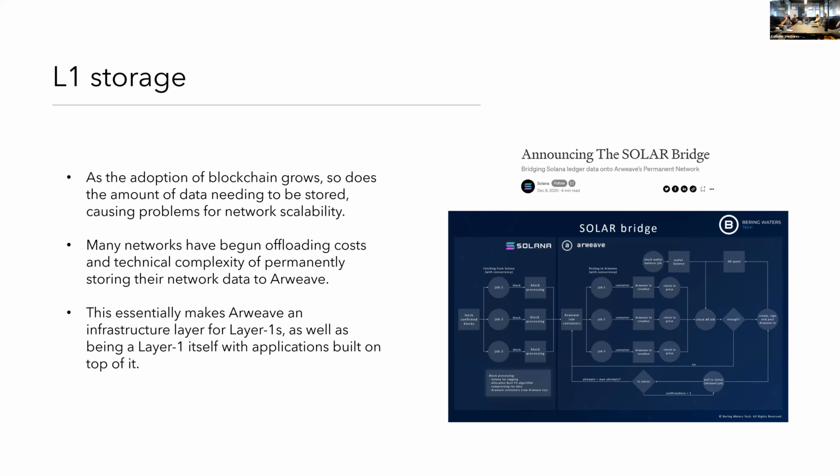Another use case that I want to talk about is L1 storage. One cool thing that Berlin Waters did is they built the Solar Bridge, which is basically a way for Solana to offload all of its data to Arweave.